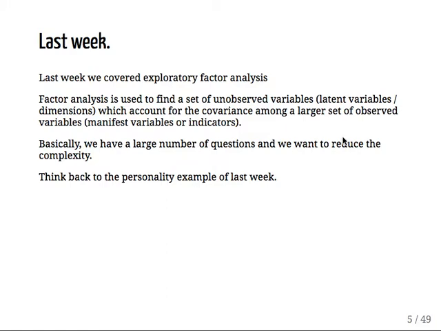Usually it's done in questionnaire validation. So you have a large number of questions and you want to reduce that complexity. You have 60 or 120 or 200 questions about happiness or personality, and you want to tap into the dimensions below that. So again, think back to the personality example from last week.